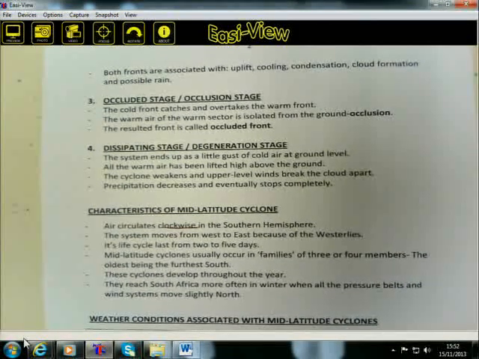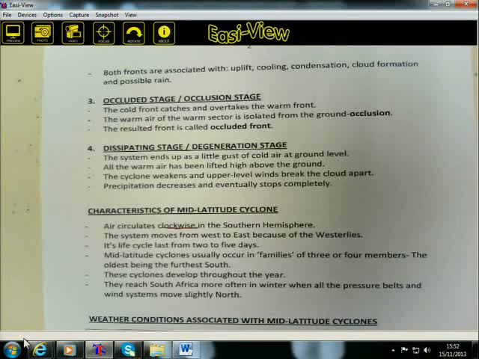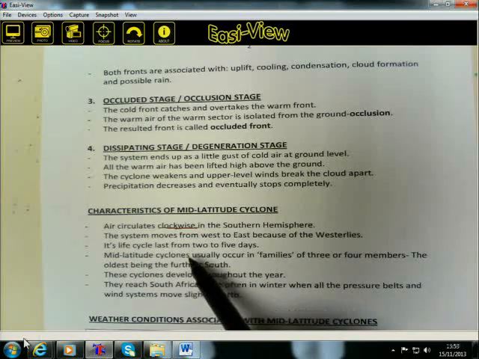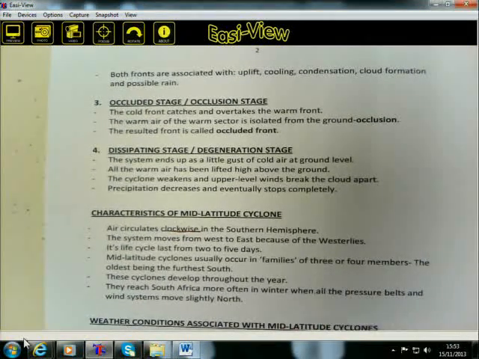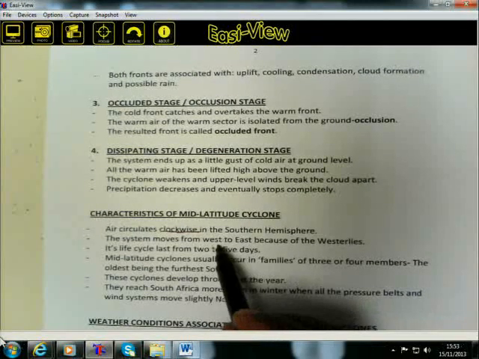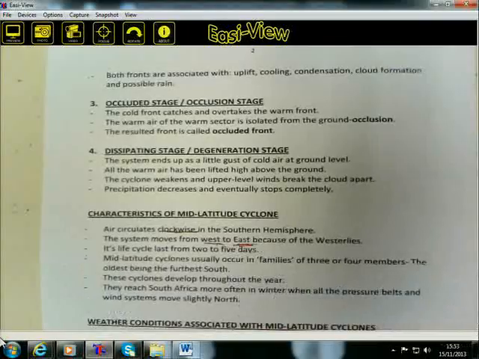That indicates that the mid-latitude cyclone is a low-pressure cell. One, the air circulates clockwise in the southern hemisphere, meaning that in the northern hemisphere, the air will be circulating anti-clockwise. Number two, the system moves from west to east.